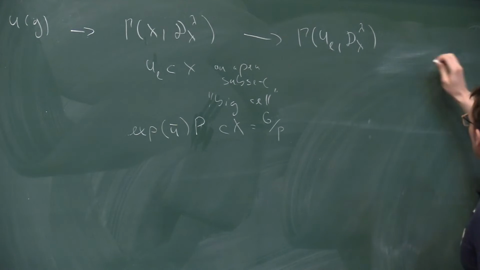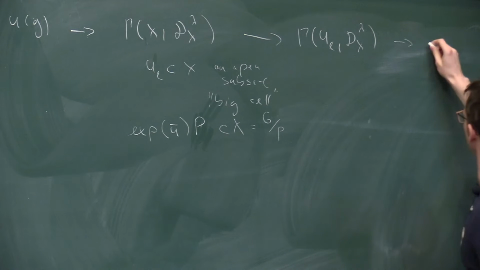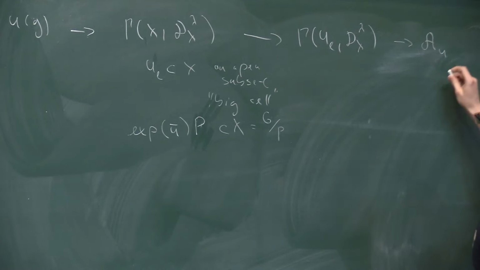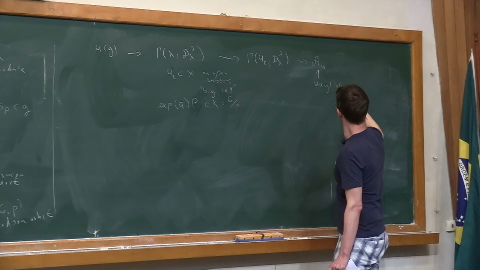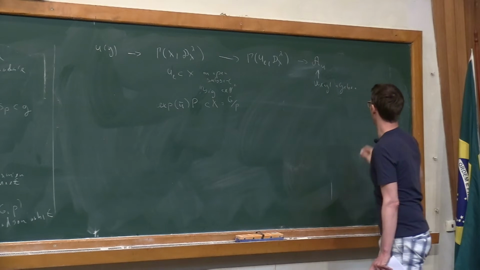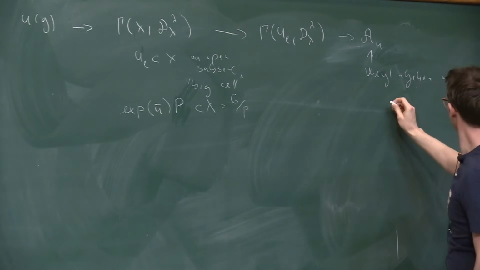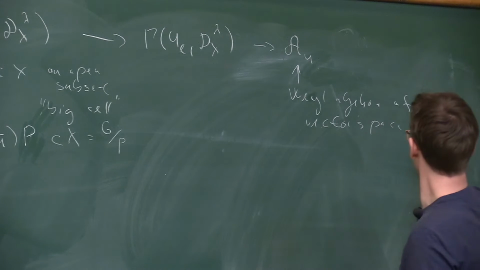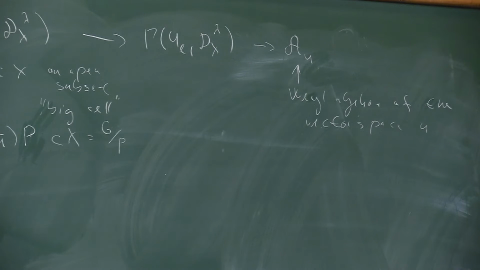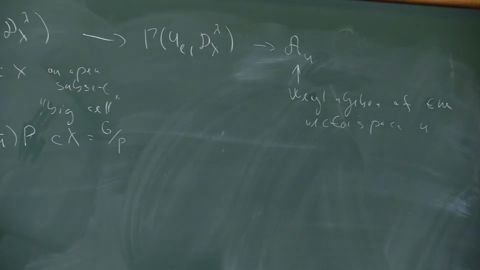And in fact, I can get a mapping going from the universal enveloping algebra to the Weyl algebra, the Weyl algebra of the vector space u. So it's the usual Weyl algebra generated by partial derivatives with respect to some linear coordinate functions.